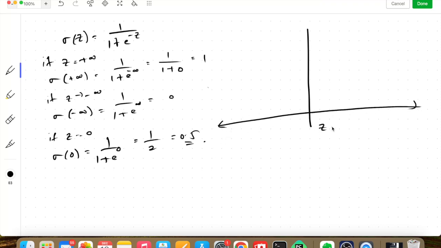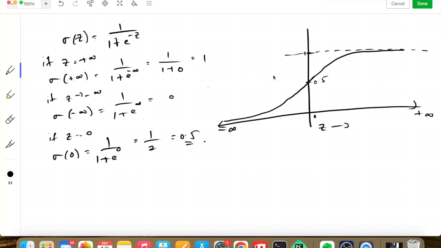This is the z variable ranging from minus infinity to plus infinity, and we have seen that at z equal to 0 the value of the sigmoid function is 0.5, and when z is plus infinity it has gone to 1, and at minus infinity it has gone to 0. So the function graph would look like this.